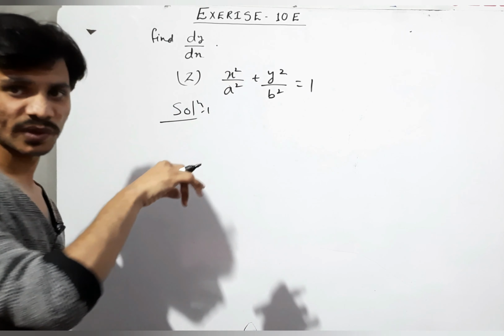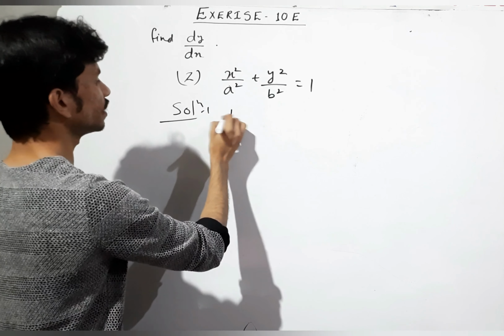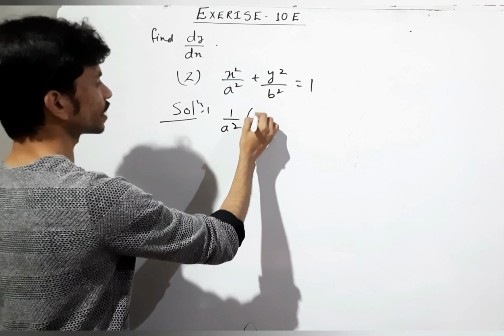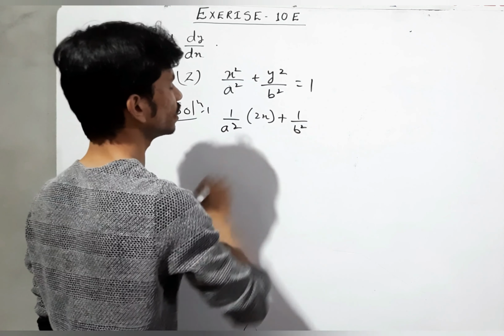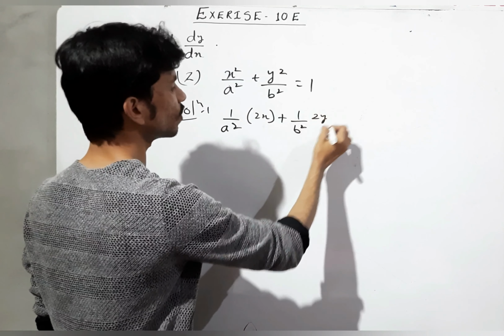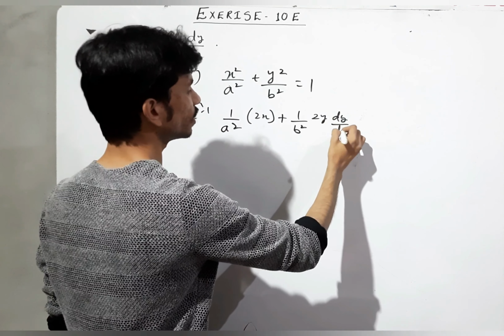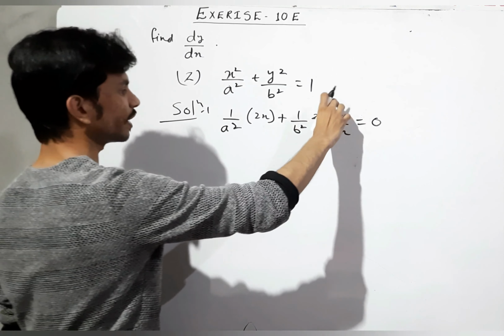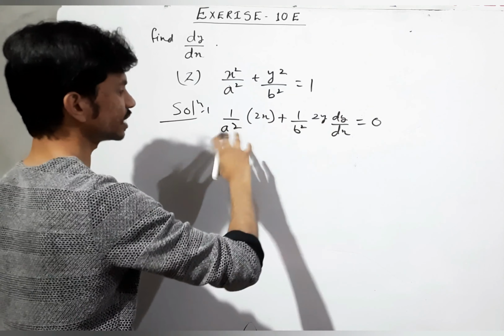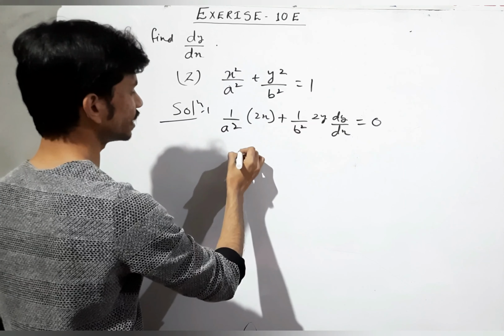Here 1 over a square is constant, so let it be as it is, and x square becomes 2x, and 1 over b square is the same, and y square becomes 2y, and y becomes dy over dx, and 1 becomes 0. Now in order to find the value of dy over dx, just move these terms to the right side.